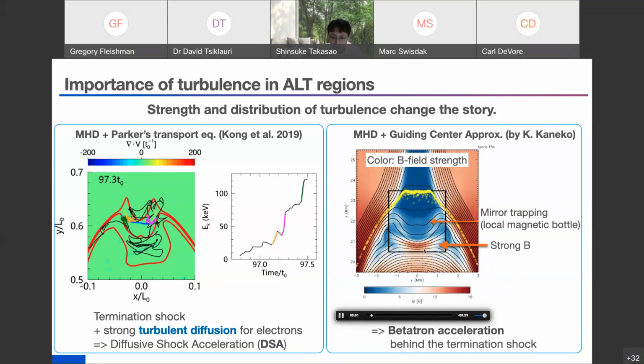Most of the electrons get large energy when they pass through this strong field region via betatron acceleration, so well behind the termination shock. So the presence of turbulence and the distribution of turbulence change the story in this way.